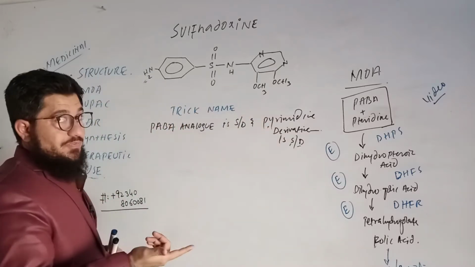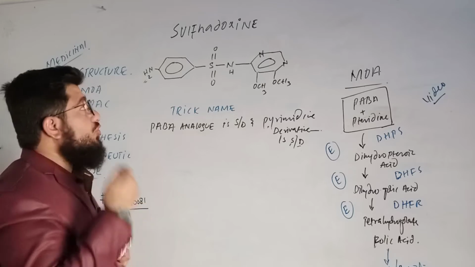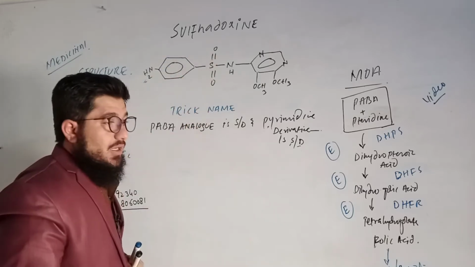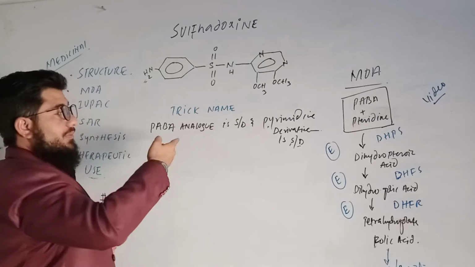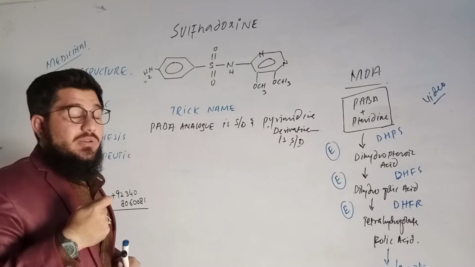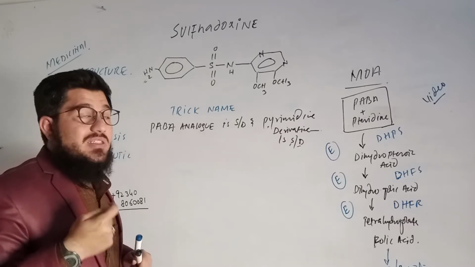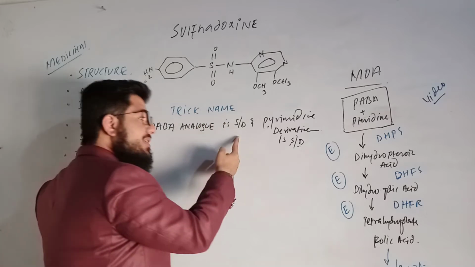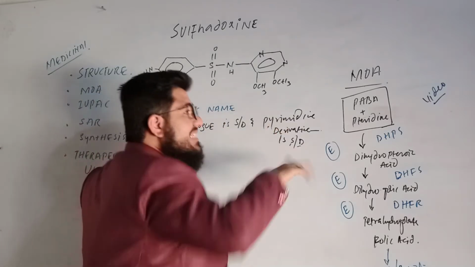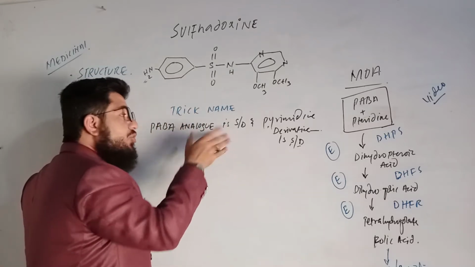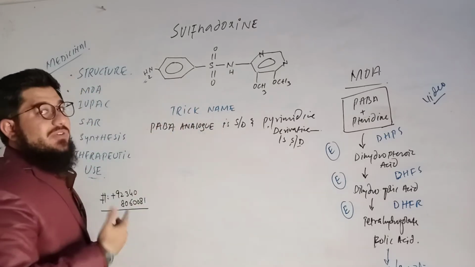From now onwards, don't memorize sulfadoxine as sulfadoxine. Learn it by this trick name: PABA analog, SD, pyrimidine derivative, SD. So this is a trick name.